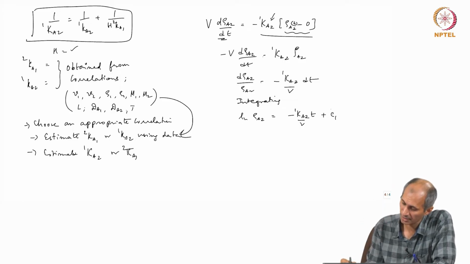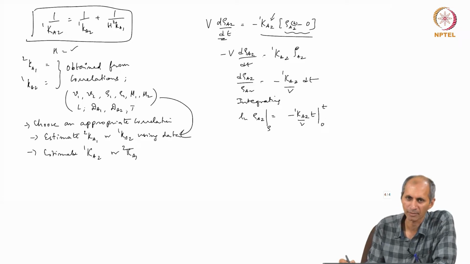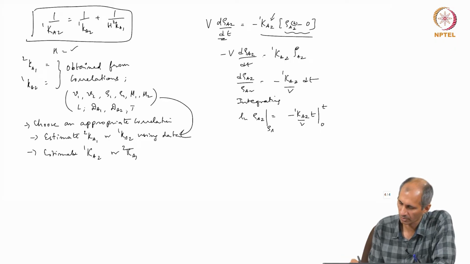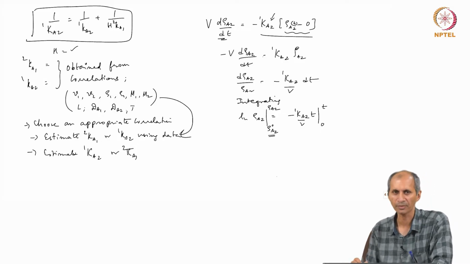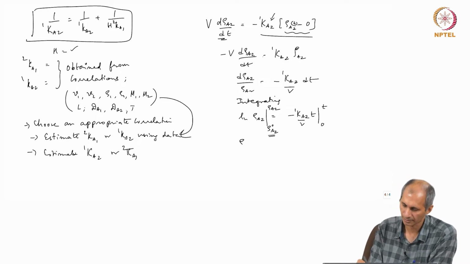Or alternatively, this is one way of doing it. Alternatively, what we do is an integration from time t equal to 0 to some arbitrary time t, rho A2 0 to rho A2, the finite integration with limits. So, this rho A2 0 is now the initial condition.